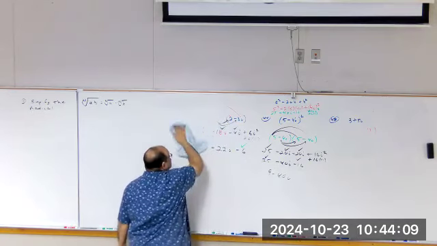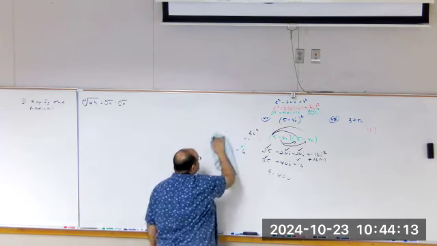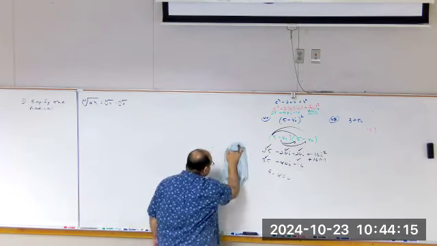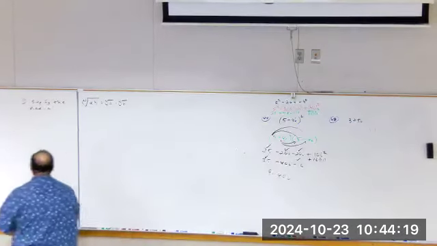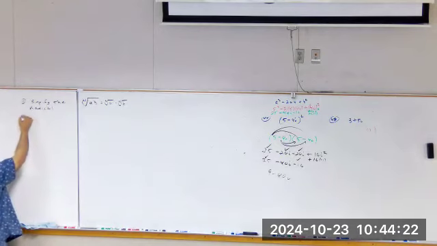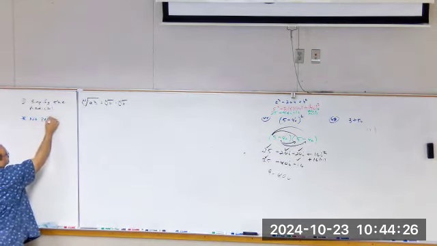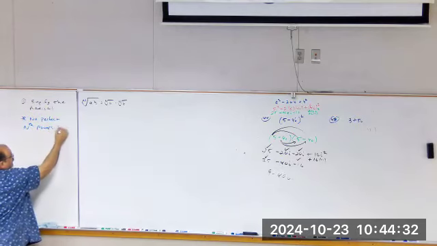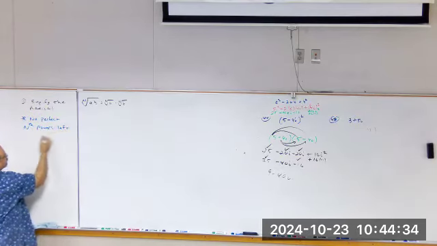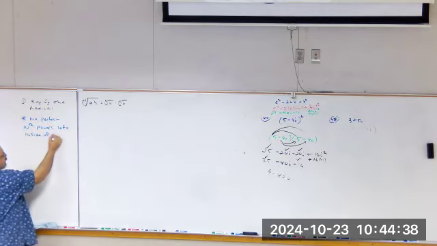Things you have to do to make sure the radical is simple, like a little checklist. No perfect powers left inside of an nth root.